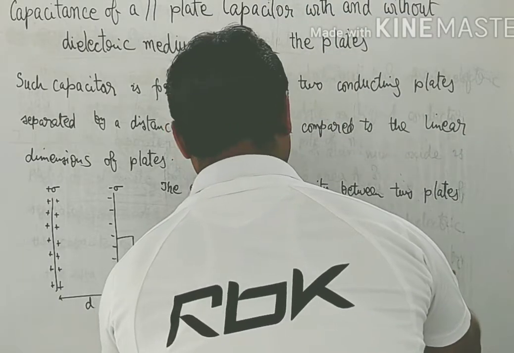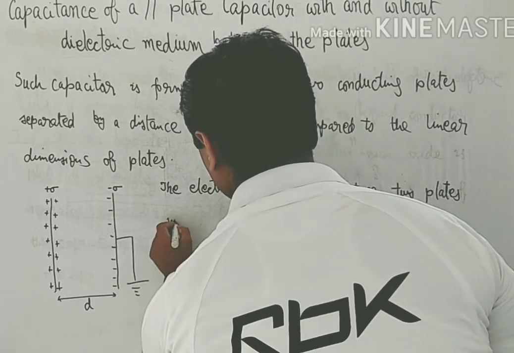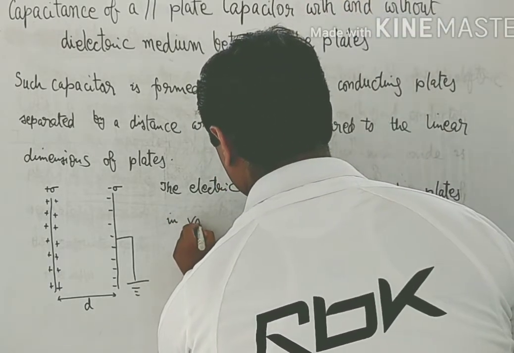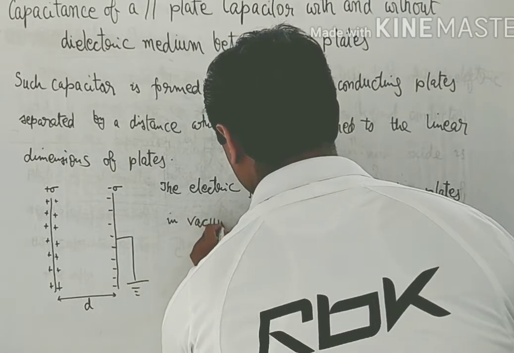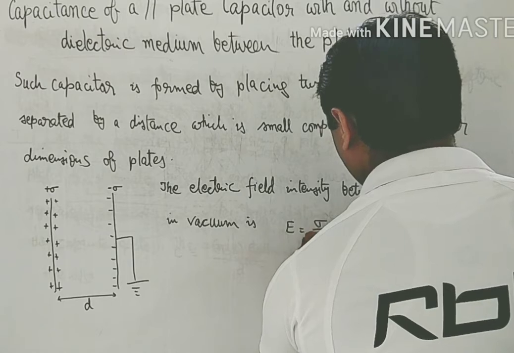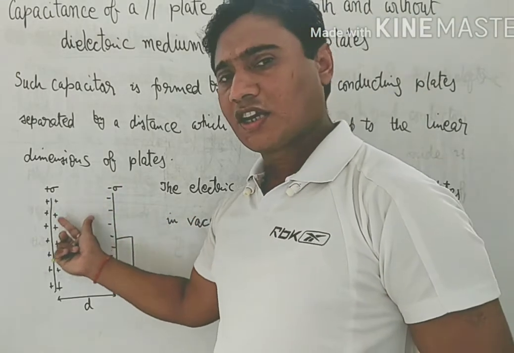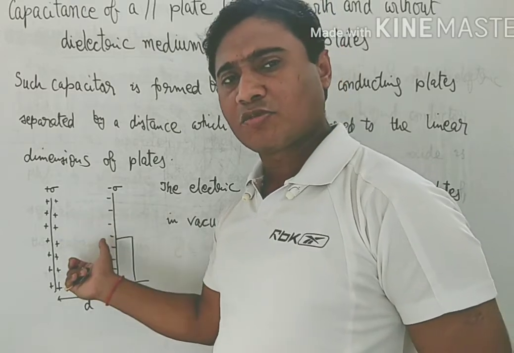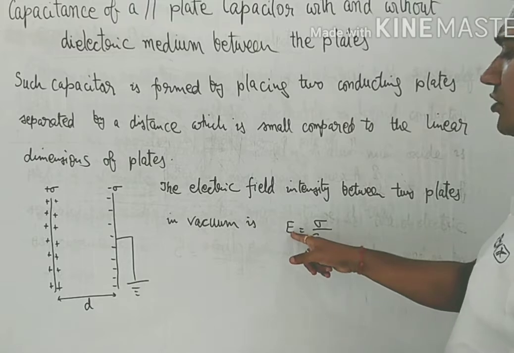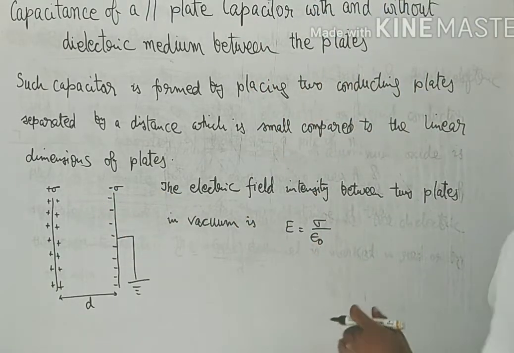I must clearly mention, between two plates in vacuum, it is equal to sigma upon epsilon naught. Actually here we are having vacuum, no dielectric medium has been taken yet, and in that the electric field intensity between the plates is written as sigma upon epsilon naught.